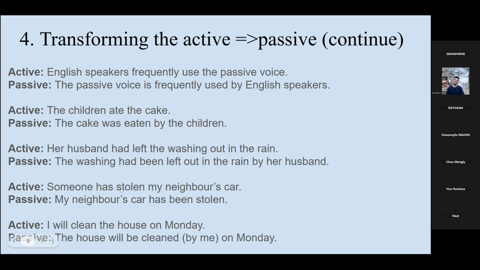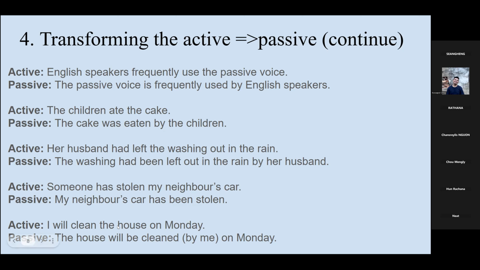Someone has stolen my neighbor's car. Has stolen is present perfect. My neighbor's car has been stolen. Someone here is not known, we don't know, so we don't use it as the agent.